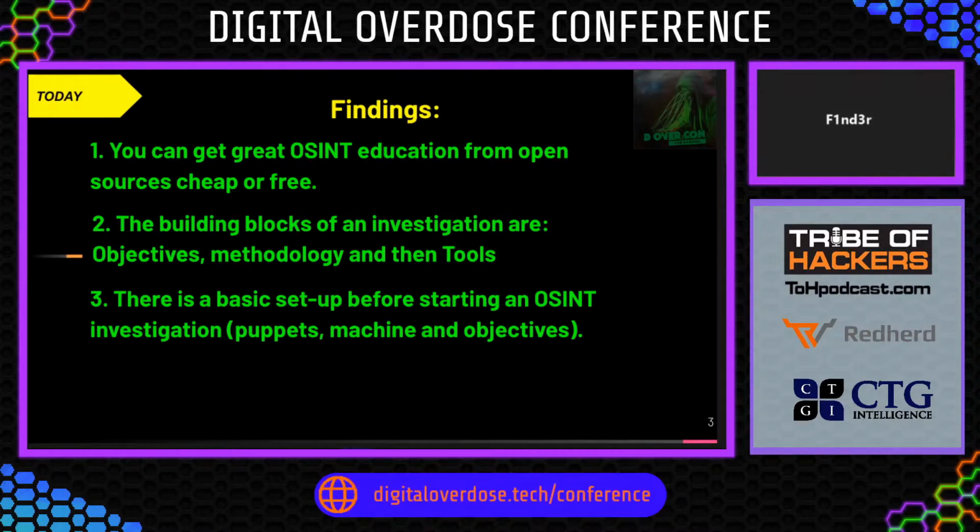The second one is that there are building blocks for an investigation that are very important, such as the objective, the methodology, and the tools. And the third one is that there's a basic setup that you need to understand and build before you start an investigation, right? So your puppet accounts, your machine, and also the objectives and the methodology of the investigation.